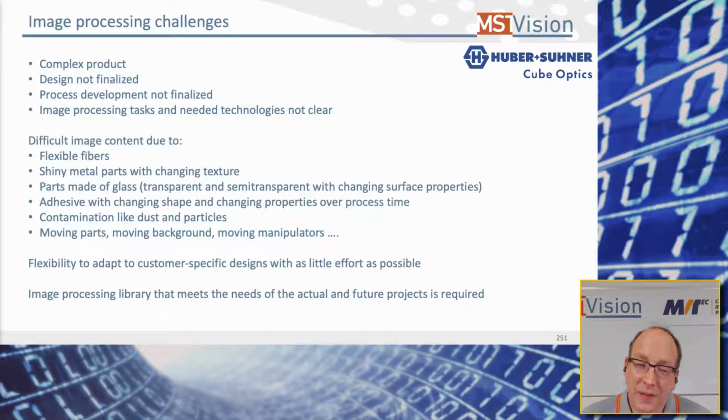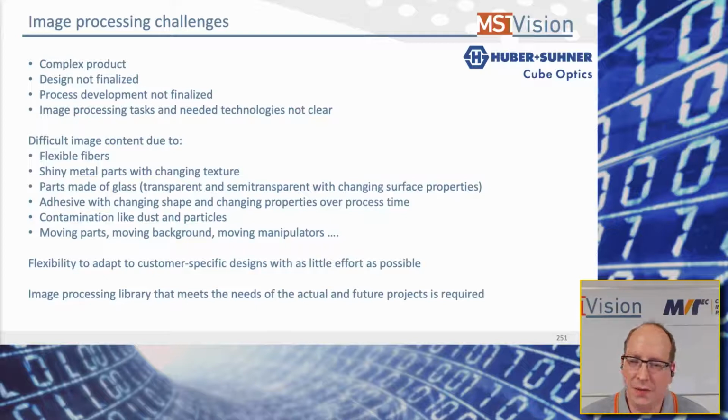So there are flexible fibers, there are shiny metal parts with changing texture, the parts made of glass, transparent and semi-transparent, with changing surface properties. There is adhesive with changing shape and changing properties over process time. You have contamination, like for example dust and particles. And for us image processors, the worst part is that there are moving parts.